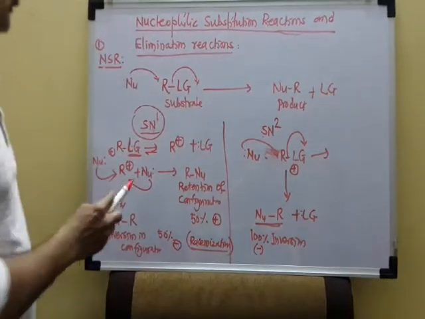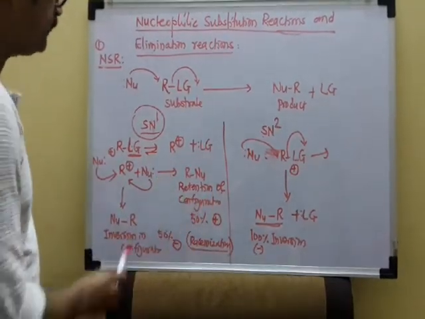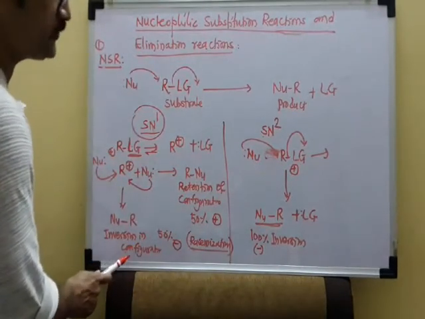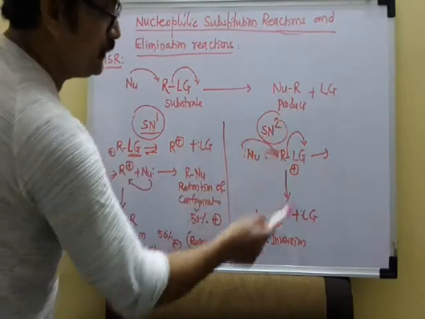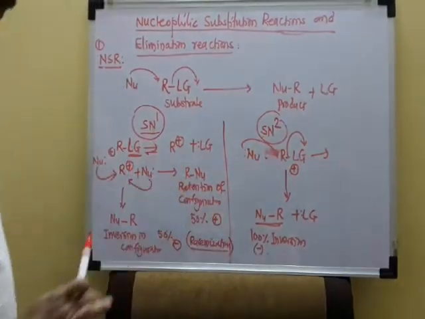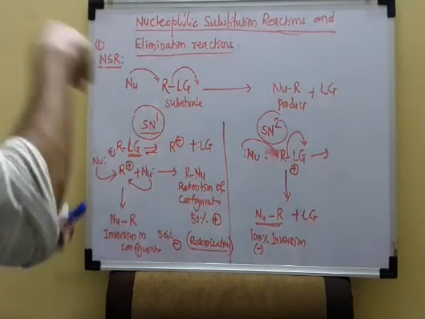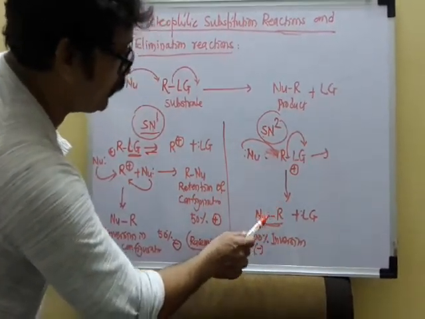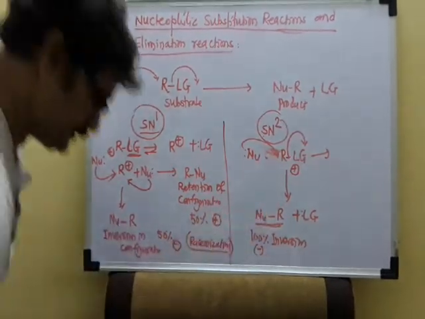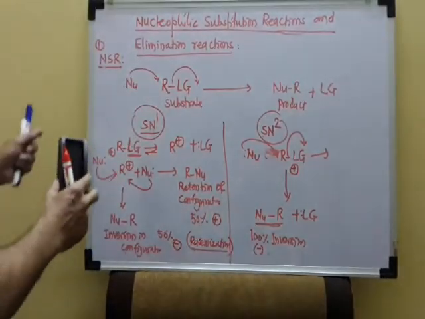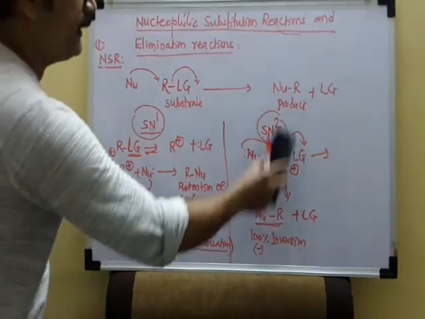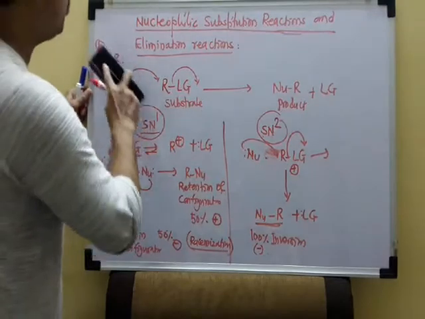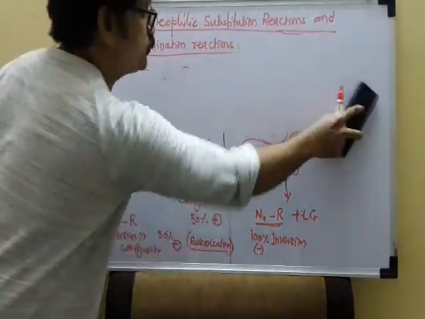You only have to remember two points about stereochemistry: for SN1, racemization, 50% retention and 50% inversion; for SN2, 100% inversion. By knowing the stereochemistry or the polarization of the final product using a polarimeter, we can find out whether the SN2 or SN1 path is followed. This is about SN1 and SN2 reactions.